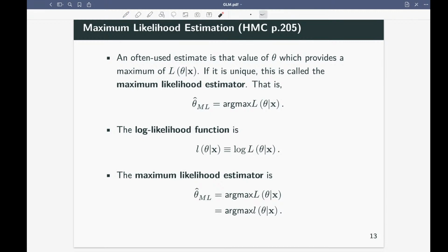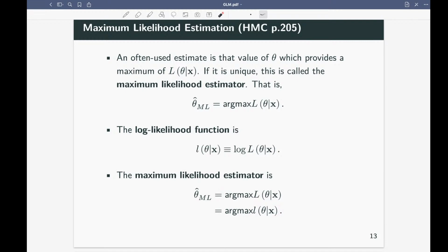We should have the max likelihood function. We can have the theta hat such that it maximizes the likelihood function here. And this step is equivalent to finding the log likelihood function at first, and then finding the maxima of the log likelihood function.